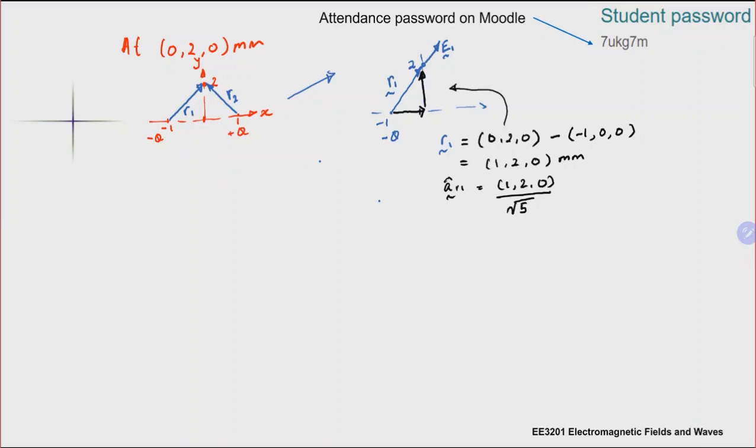So we can now calculate the electric field. So we call this E1 equals to Q1, or Q1 as our minus Q, over 4 pi epsilon naught R1 squared times the unit vector R1.